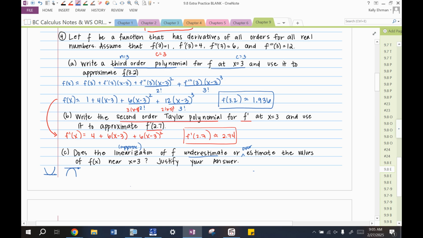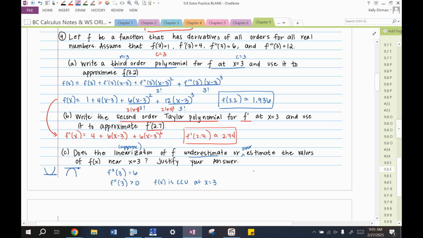So how do we know about concavity? We look at the second derivative. So f double prime of 3 is equal to 6, which is greater than 0. So if the second derivative is positive, it means that f of x is concave up at x equals 3.